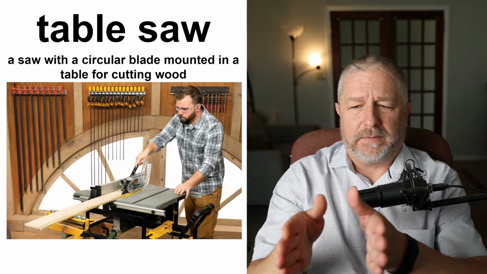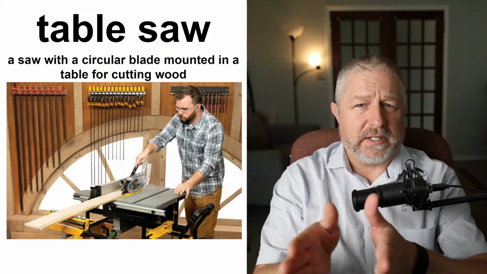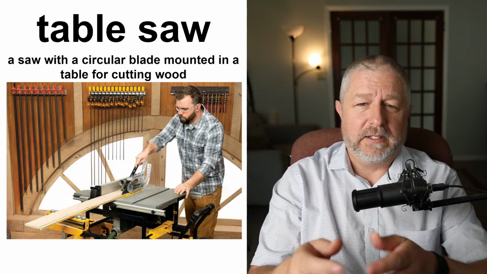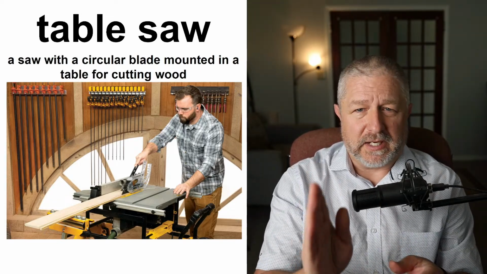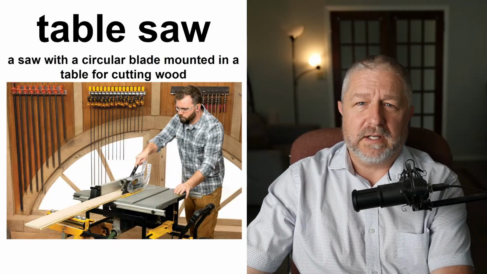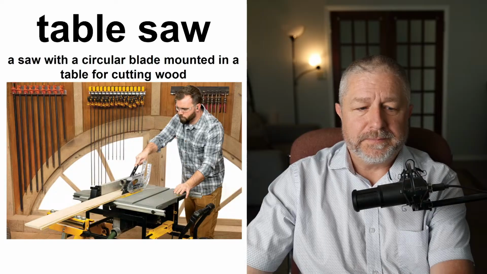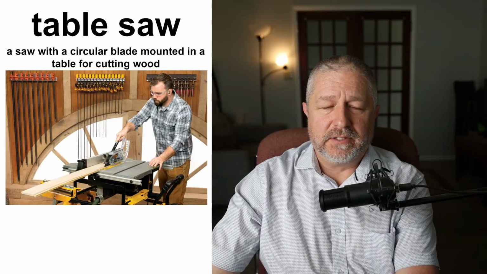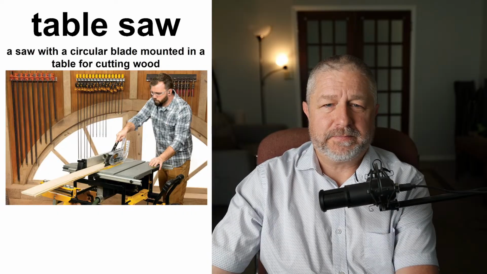A table saw restricts the movement of the wood, so it can only go through perfectly straight, and you can cut very precise straight lines. If you were someone who was a woodworker, you would definitely have a table saw. Very handy type of saw to have.